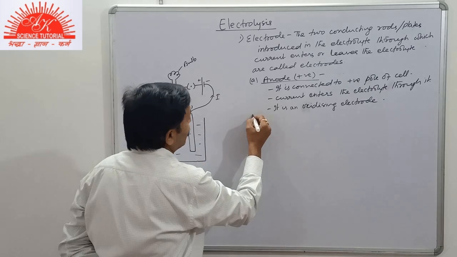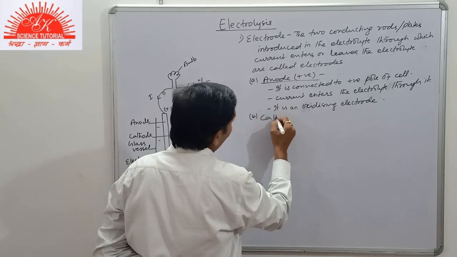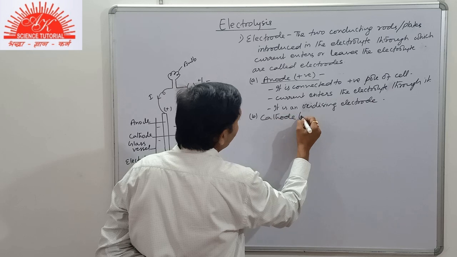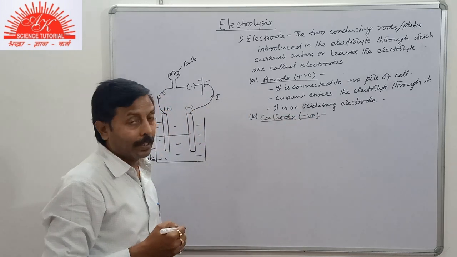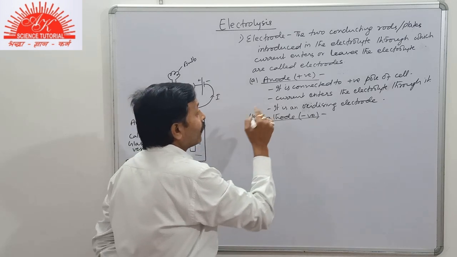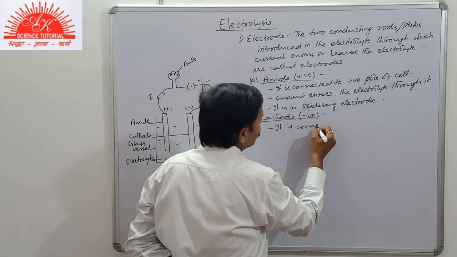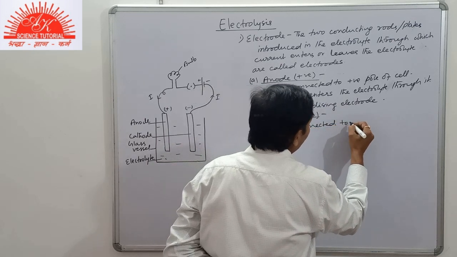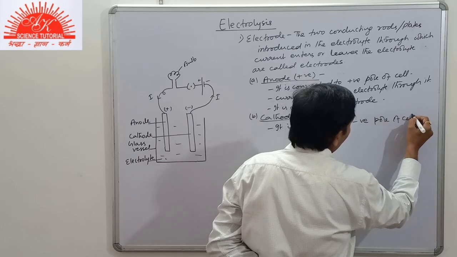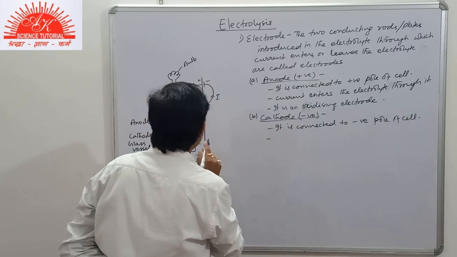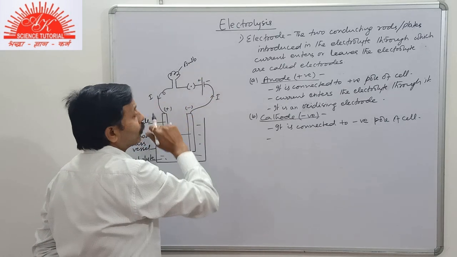On the similar basis, you can write here about the cathode, which is the negative terminal or negative electrode of the cell, electrolytic cell. Now, similarly, you write it is connected to the negative pole of the cell. Next, as we have studied, current leaves the electrolyte through cathode.